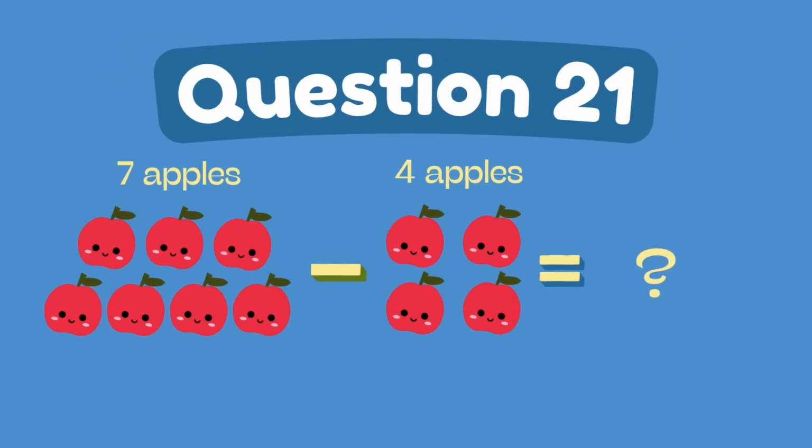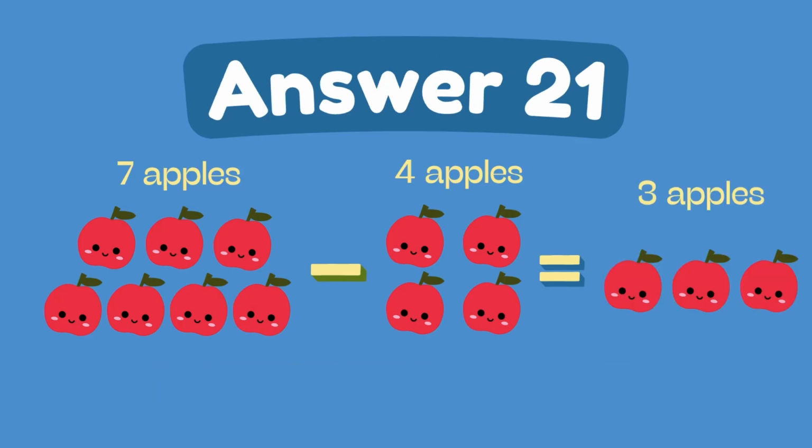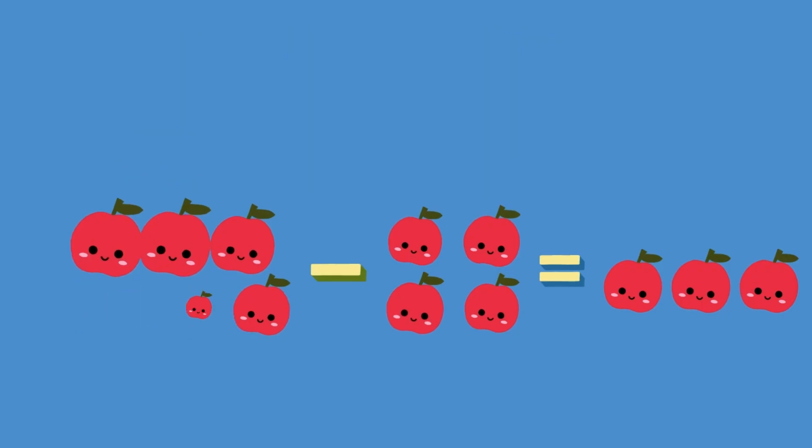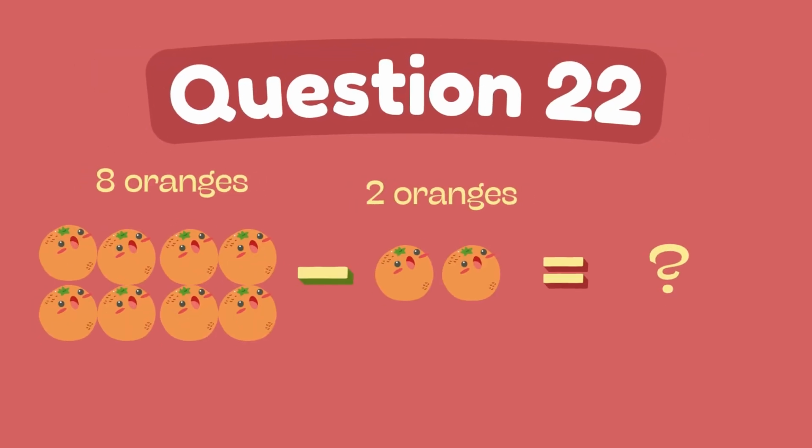What is 7 minus 4? The answer is 3. What is 8 minus 2?